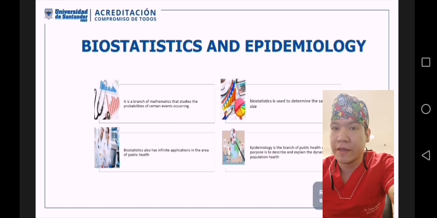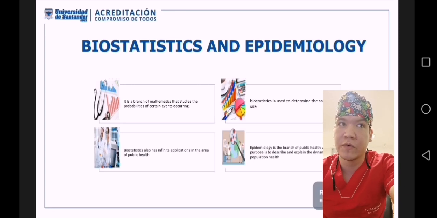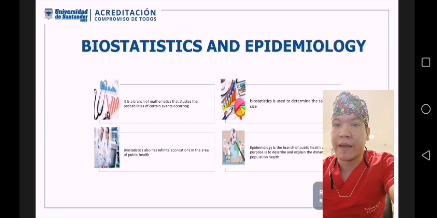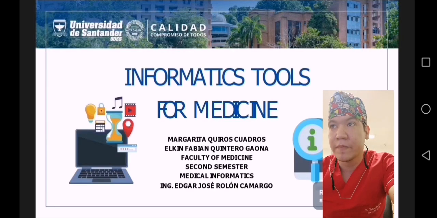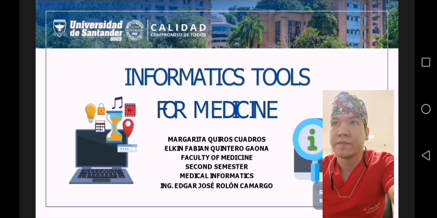It's a population topic, used when you are going to review the different pathologies in society. And biostatistics is used to determine the sample size when you have to determine the population, the amount of the different social groups; you can use biostatistics.